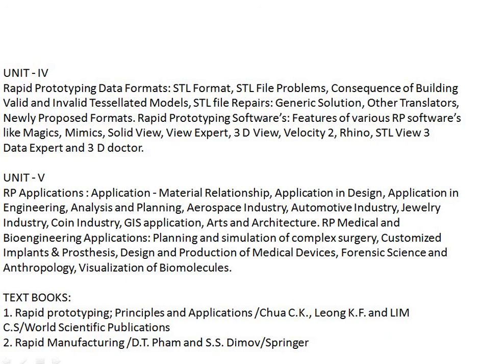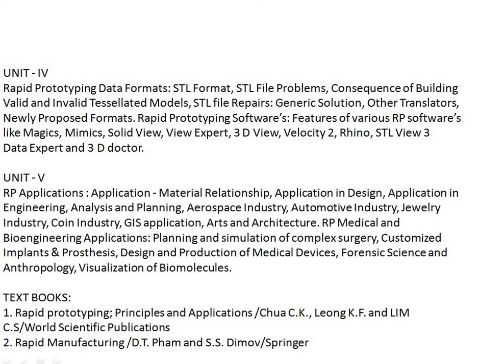Now the fifth unit covers the applications: what the applications are, how we apply them, and where we apply them. And for textbook references, one is from World Scientific Publications, the book named Rapid Prototyping Principles and Applications.